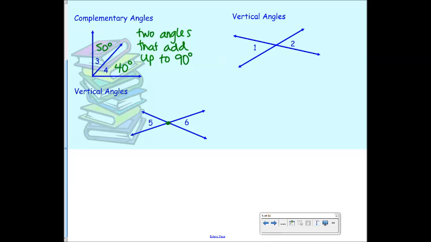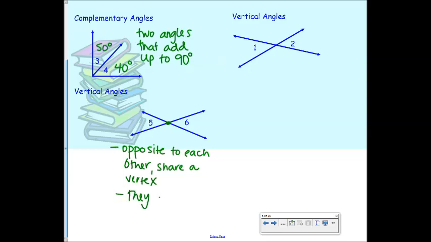So vertical angles are opposite to each other, and they share a vertex. They are congruent. So I'm going to abbreviate that with the congruent symbol. And that means that if this is 60 degrees, this one is also 60 degrees. So vertical angles will always be congruent.